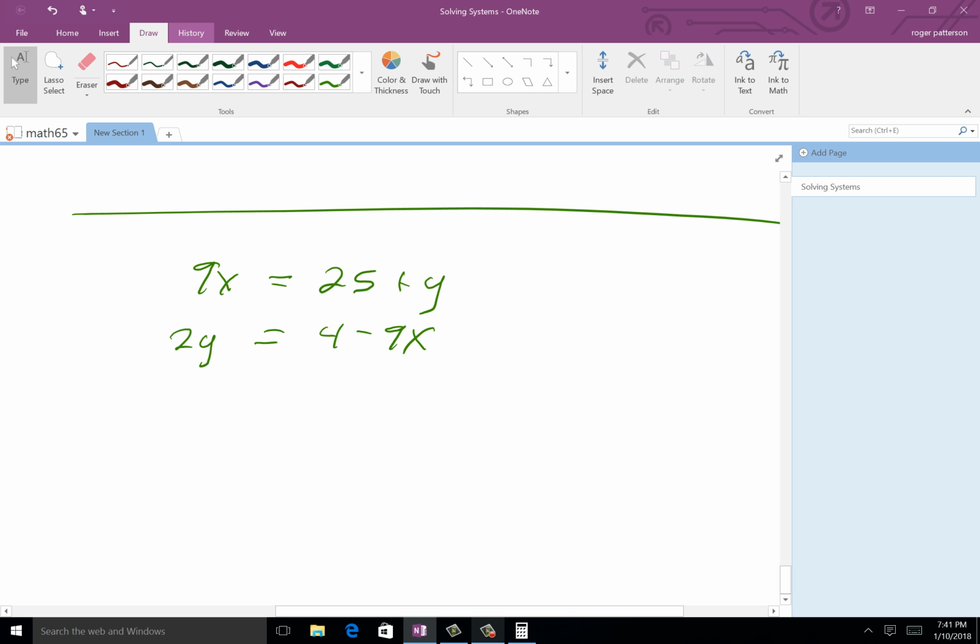Okay, so how should we rewrite this top one so it works for us? y equals 9x minus 25. Isn't it 9x minus y equals 25? Okay, so we're getting two answers, and both of them are actually correct.